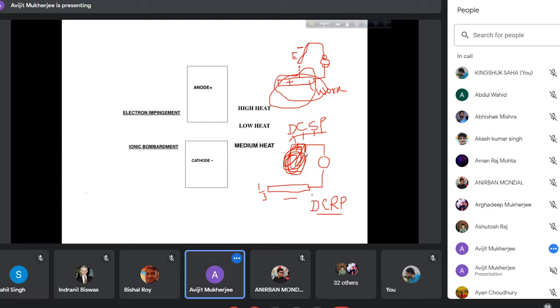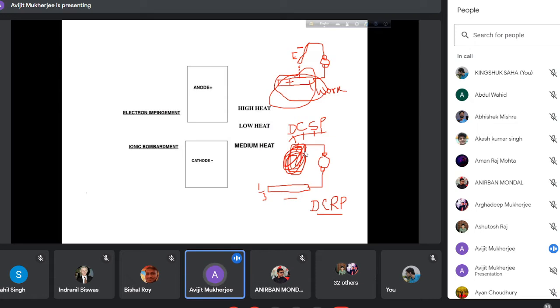Okay? And this is only possible, mind that, if you use a DC power source. Because if it is a DC power source, this terminal is negative and this terminal is positive. So I can quickly change.